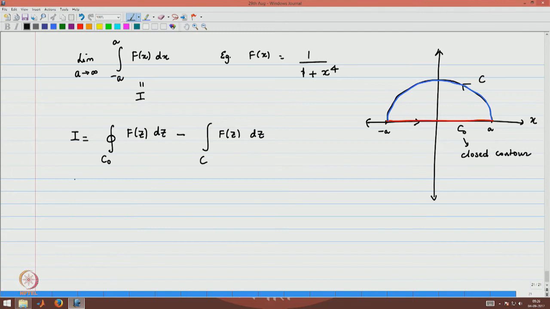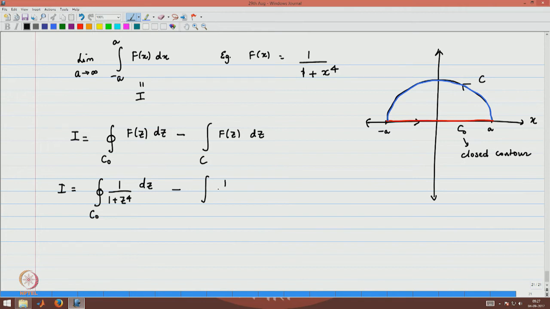So, let us look at this. I is equal to the integral, and in this case I can write it as 1 over 1 plus z power 4 dz over a closed contour, the closed contour is C0, minus the integral over C. Now what is the contour C?